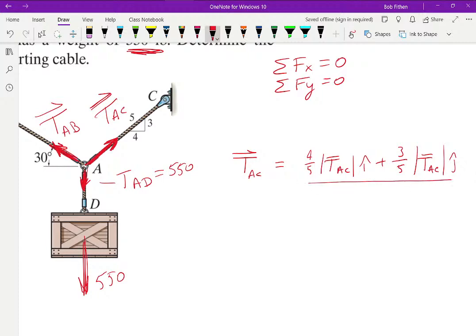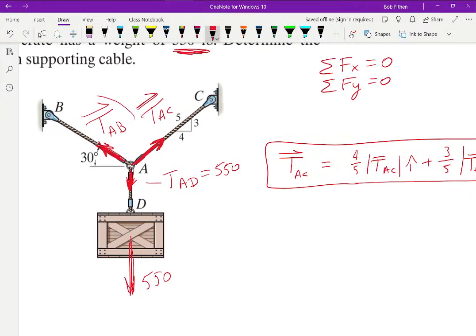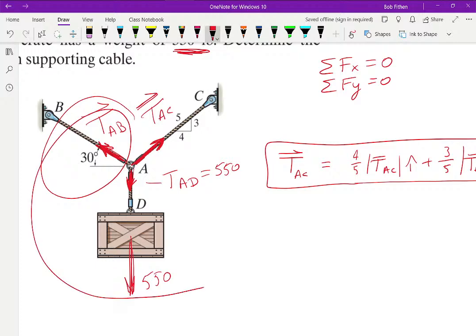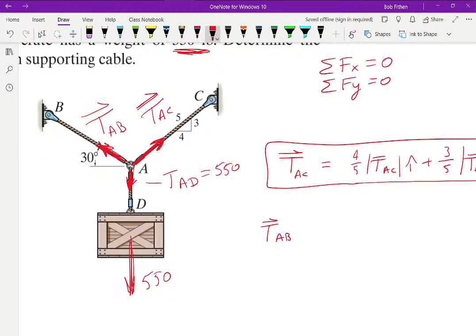So that being the case, I'm just going to hold that thought for a moment, not going to think too much about it. Then I'm going to work over here on this one. The TAB vector is going to be the magnitude of the tension in AB. I could probably come up with a better symbolization, but now it turns out I have a triangle here.